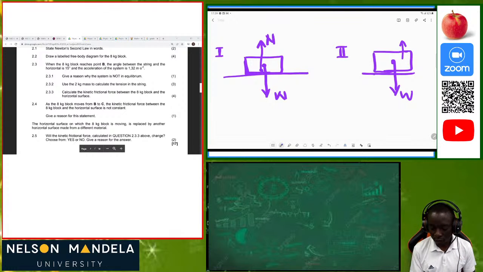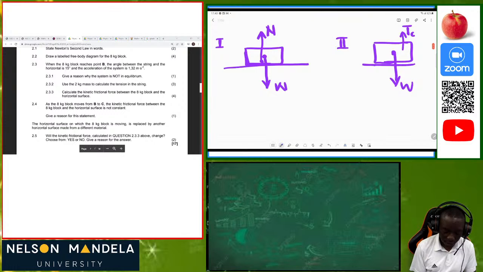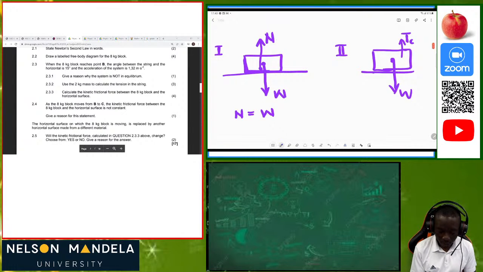We can call this a component of T, of the tension. And when we do that, the normal changes. So in this case, N equals W. The normal is equal to the weight. So this is normal 1.